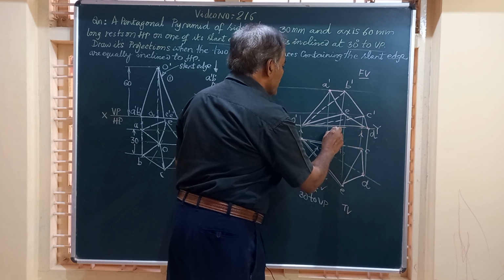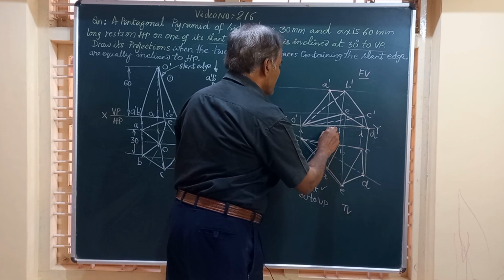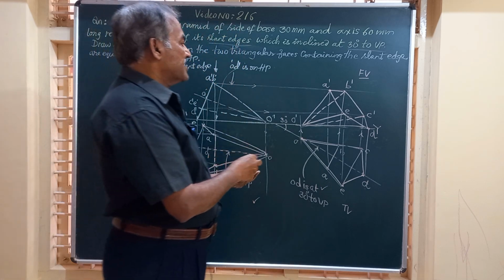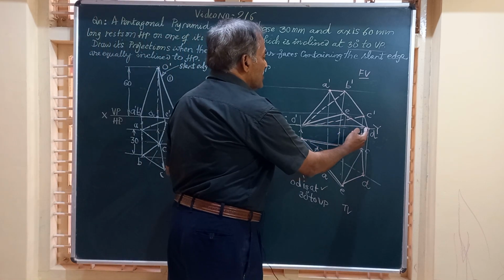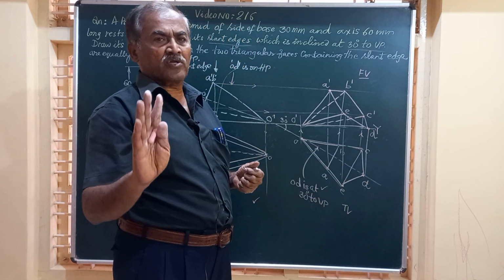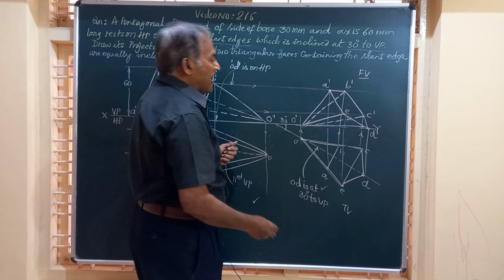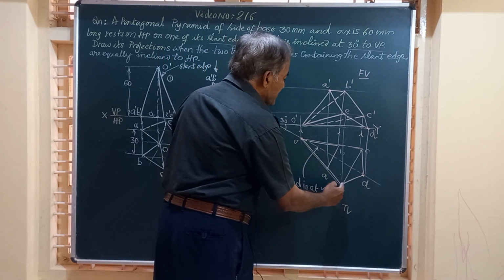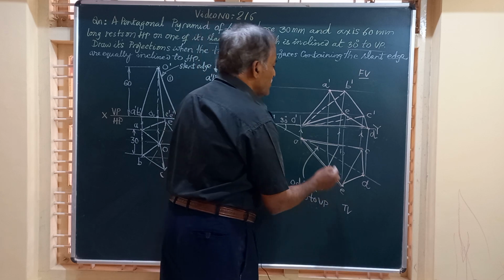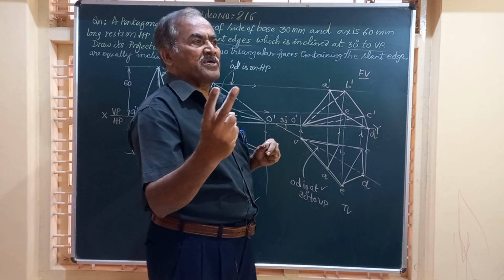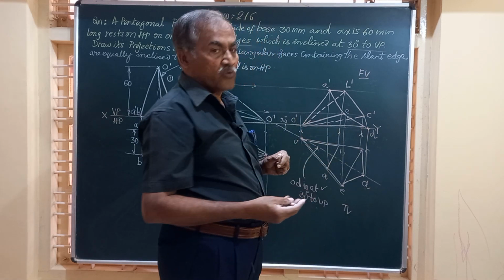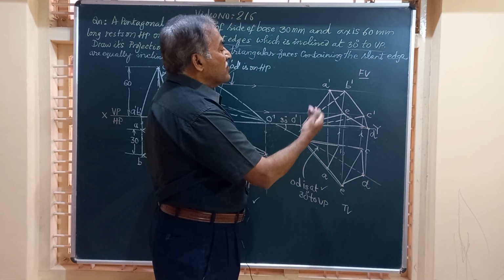So friends, you can observe here in this final view, the pyramid is resting on OD or O dash D dash. O dash D dash is one of the slant edges, and that slant edge is at an angle of 30 degrees to VP, and also the two triangular faces containing that OD or O dash D dash are equally inclined to HP.